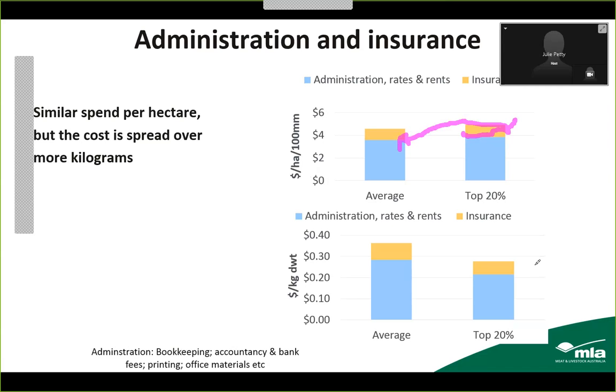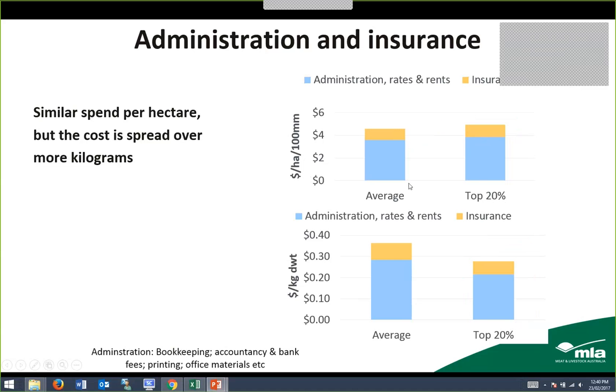And once you take it to a dollar per kilo level, they're both far lower. The same thing keeps coming up with each of these, and that is you've got a similar spend per hectare or a slightly higher spend per hectare, but the cost is spread over more kilos. So hopefully the message is getting through that production per hectare is the difference between these two groups.